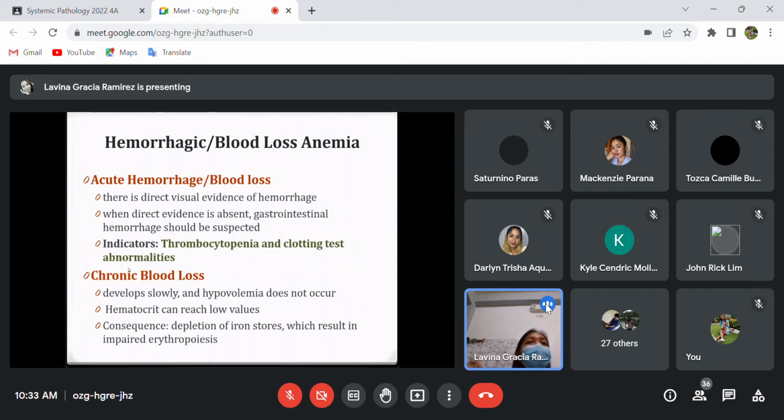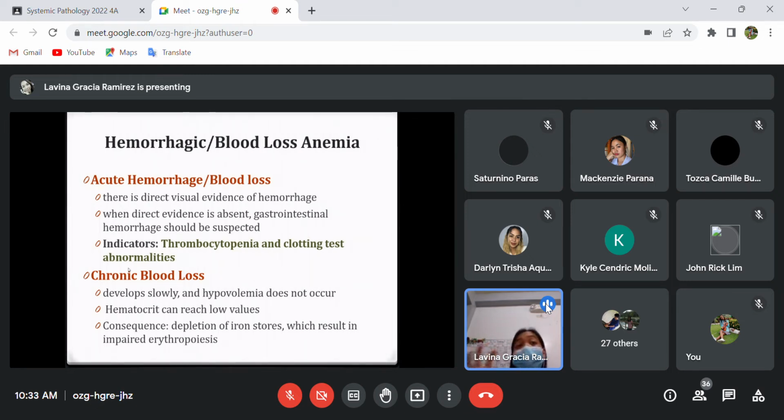And if the iron store is depleted, you know that iron is a micronutrient that helps facilitate the development of RBC as well as hemoglobin.